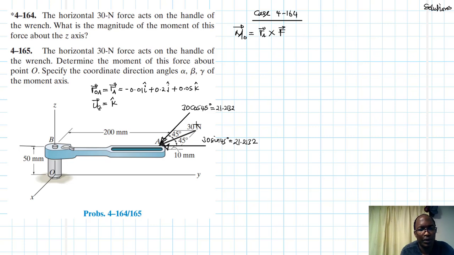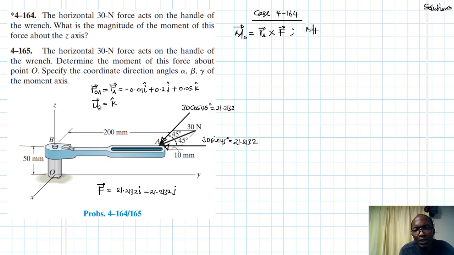Okay, and then let me just write down the force. Our force vector is just equal to positive 21.2132 i, and then we have a minus 21.2132 j. Okay, so there we go.